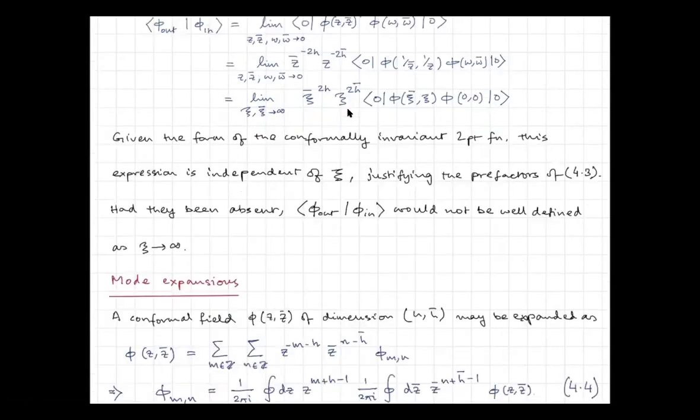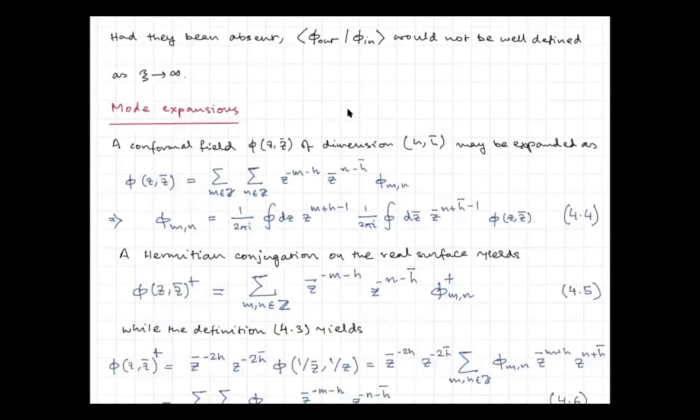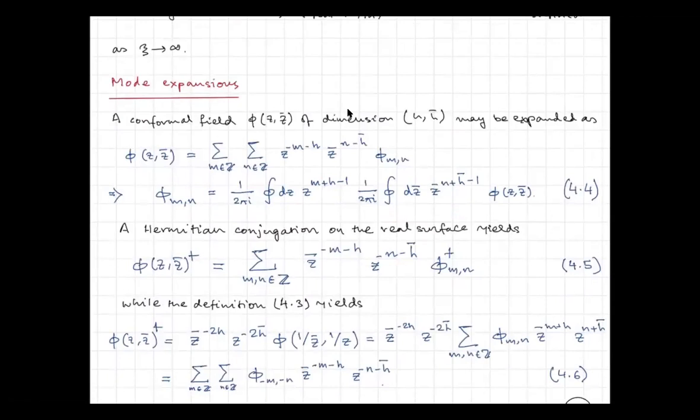So that was one thing, and then we looked at the mode expansions, the Laurent modes of these fields. It was very similar to what we have for the usual complex analysis, except for the fact that we also have these z bar modes.